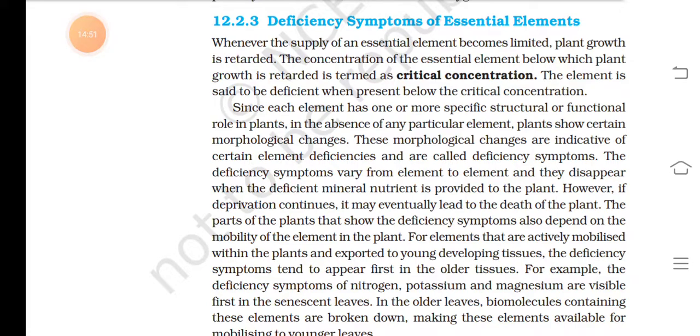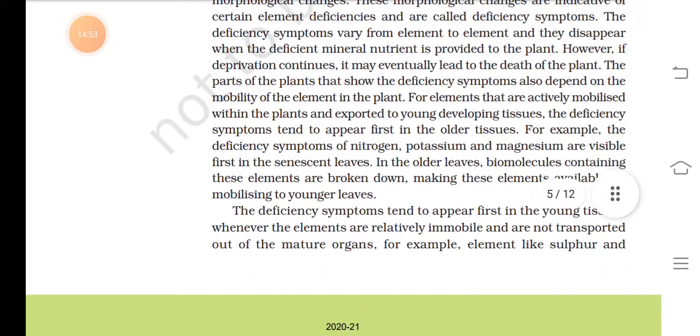The parts of the plant that show the deficiency symptoms also depend on the mobility of the element in the plant. For elements that are actively mobilized within the plants and exported to young developing tissue, the deficiency symptoms tend to appear first in the older tissue. For example, the deficiency symptoms of nitrogen, potassium and magnesium are visible first in the senescent leaf.